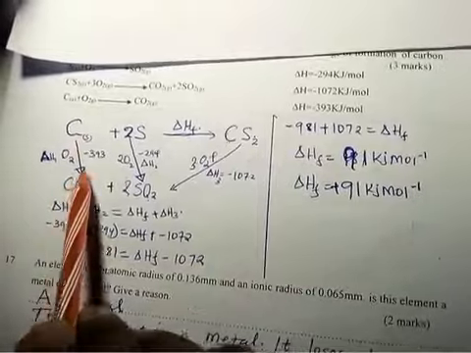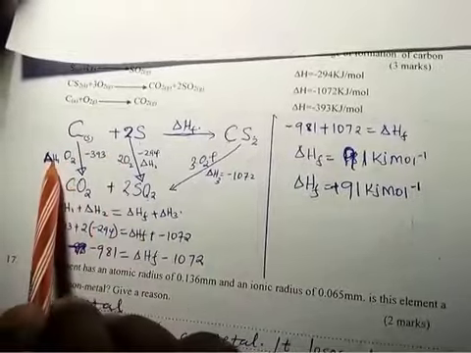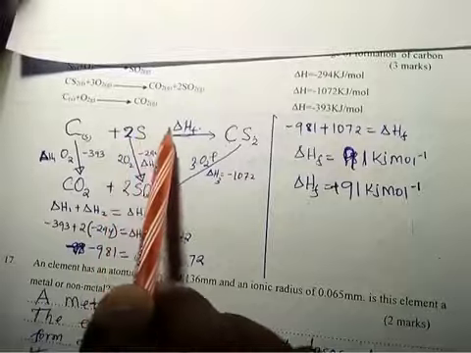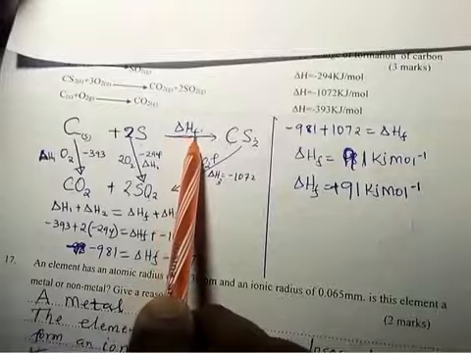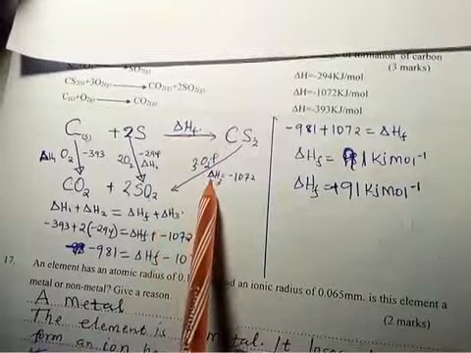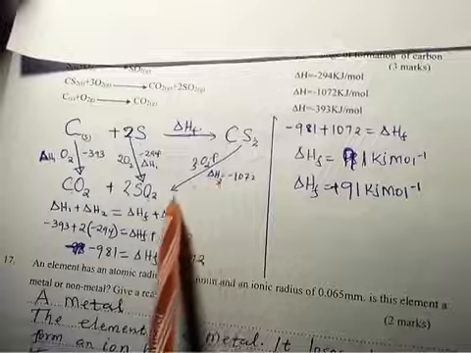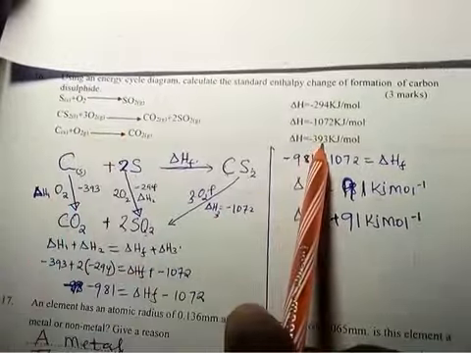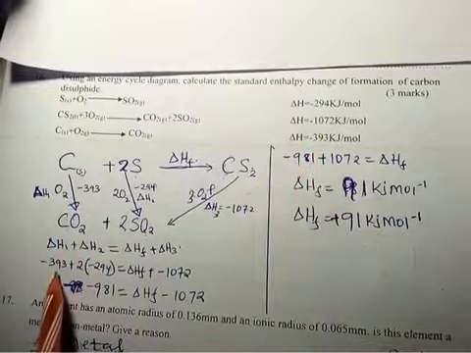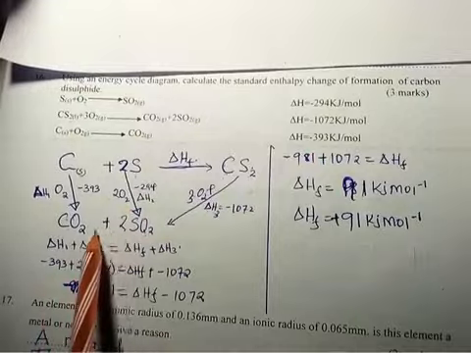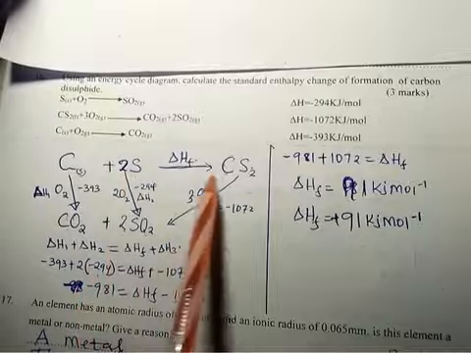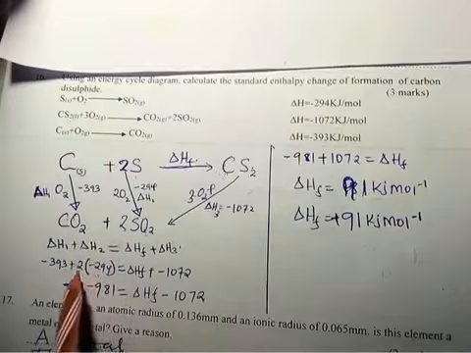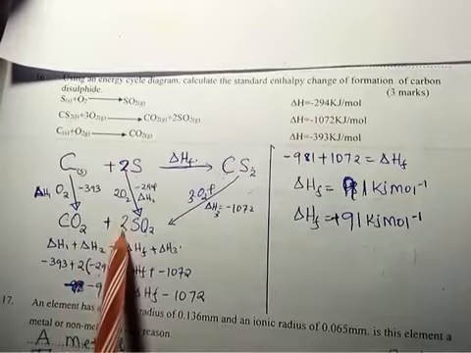This one plus this one, I gave them H1 and H2. H1 plus H2 will be equal to delta H of formation plus H3. This one we were given as negative 393.9. So negative 393 plus, since the moles here are 2, that is why I multiplied by 2. From here to here is negative 294. Negative 294 times 2 because of the number of moles.